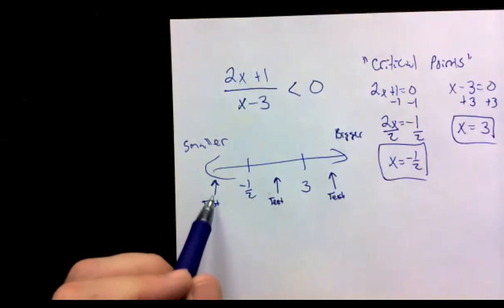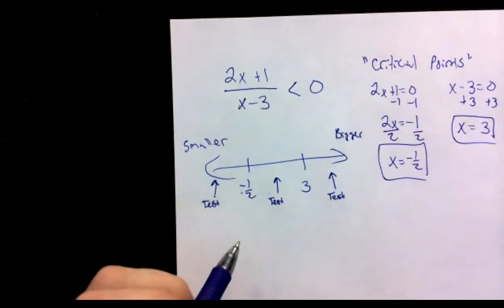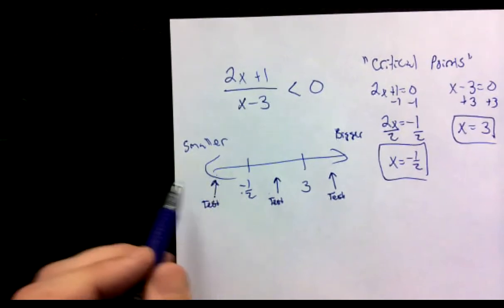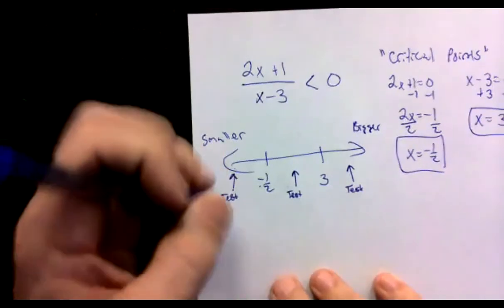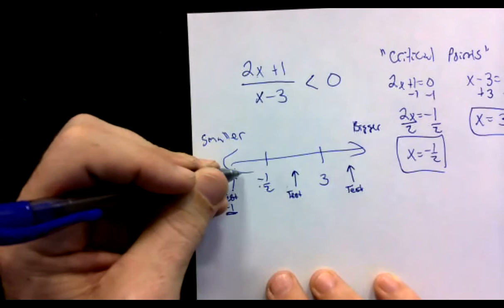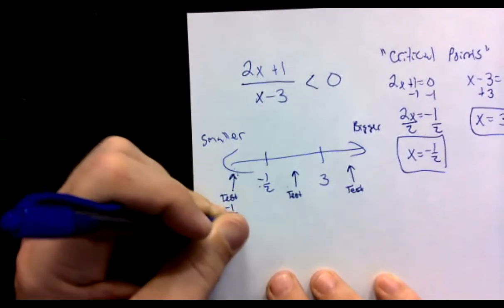So if we wanted to pick something smaller than -1/2, that could be any number of things. Could be -2, -4, -100. I'm going to pick -1. That would be smaller than -1/2, so it'd be over here. I'm just going to plug that in.